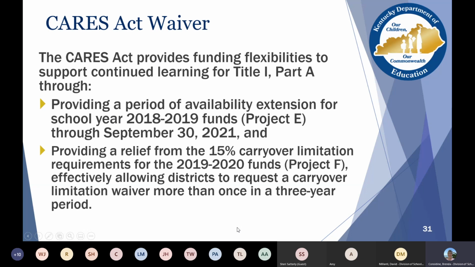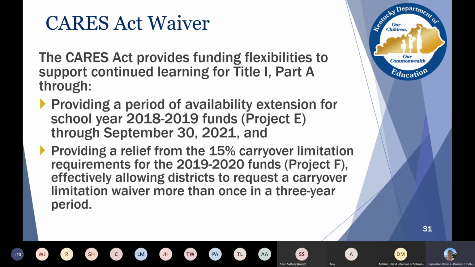was introduced in April. The CARES Act provides funding flexibilities to support continued learning for Title I, Part A through two different means. If you look at the 18-19 funds, which would be Project E, it's going to extend those funds' availability through September 30th of 2021.